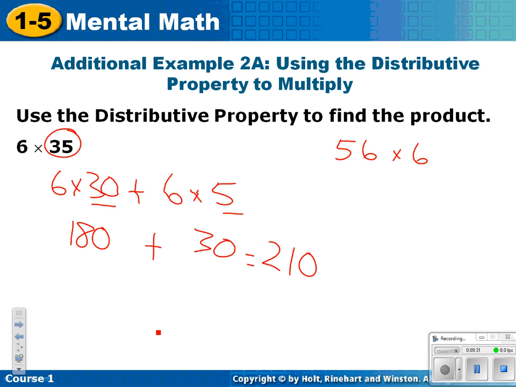Okay? Break those apart. It's the same as 50. Did you know that a little dot is the same as times? By the way, I'm going to start doing that. 50 times 6 plus 6 times 6. 300 plus 36 is 336.